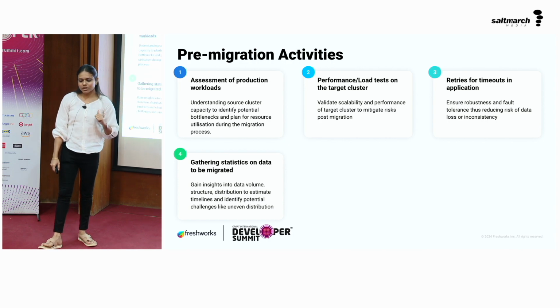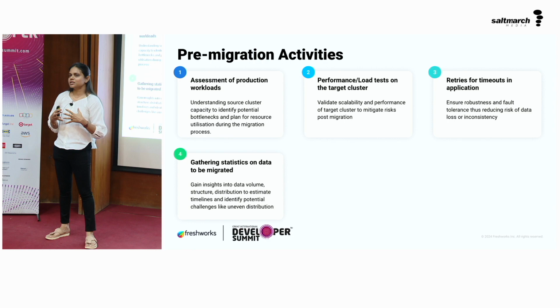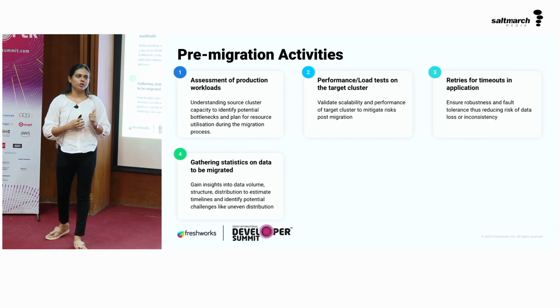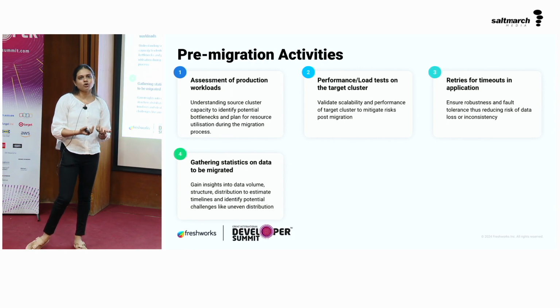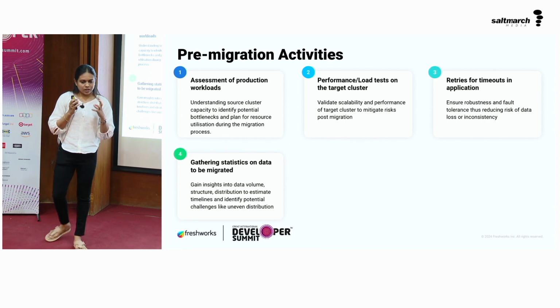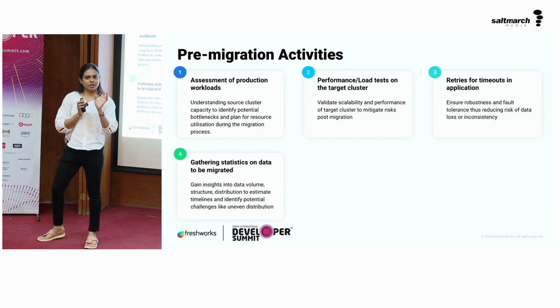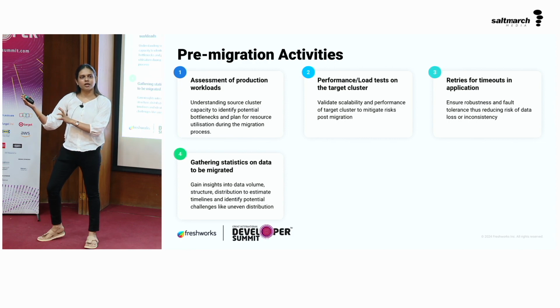The next important pre-migration activity we performed is gathering data statistics, importantly the data volume, which improves the predictability of the entire migration process in terms of time. Every single time we were able to precisely jot down the time that it will take for the migration phase, the validation phase, and when potentially the cutover can happen.